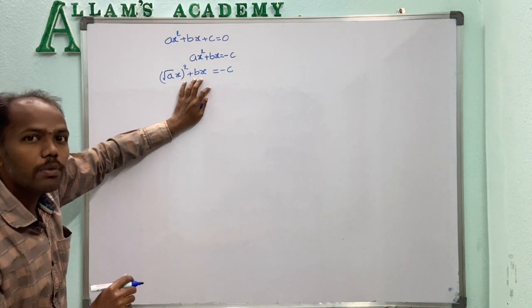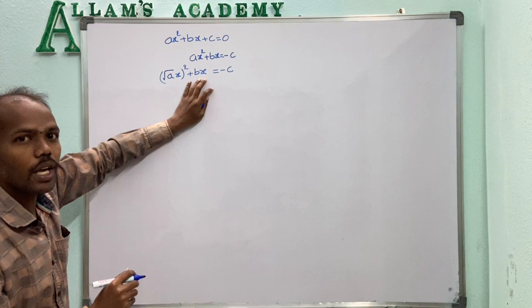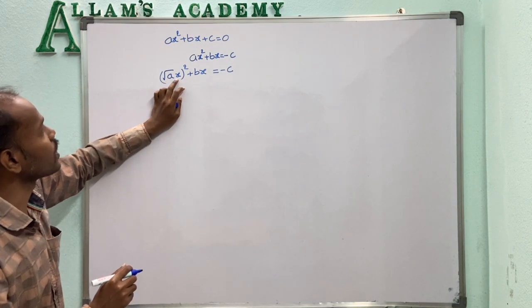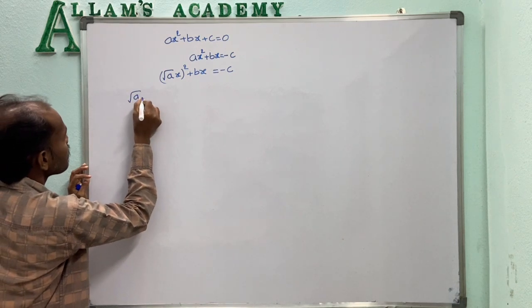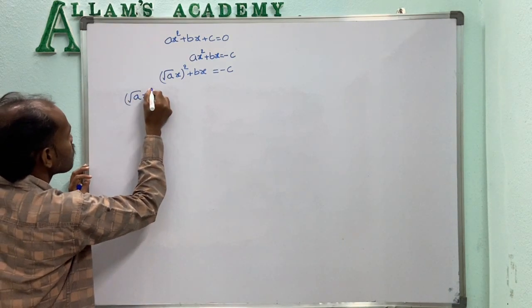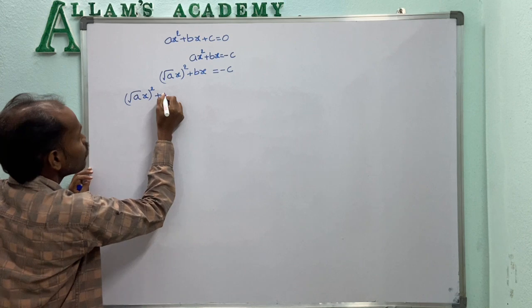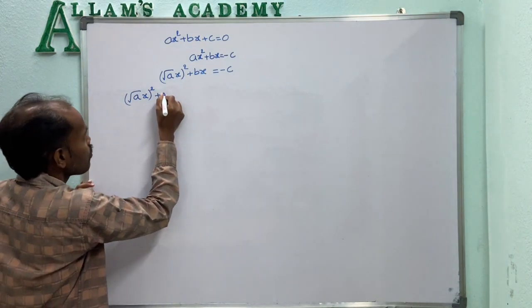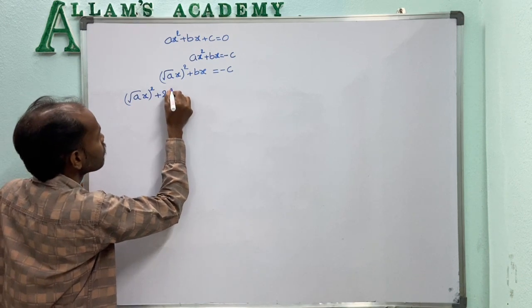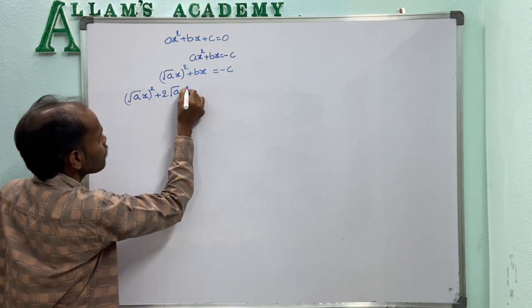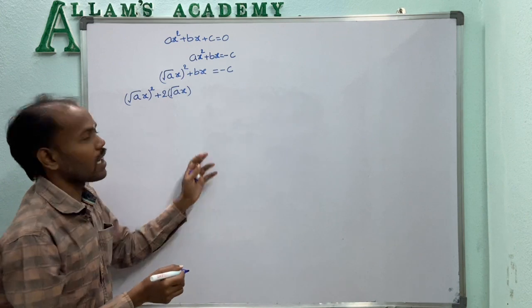Next, bx is there. Now this term we have to write as 2ab. Here a is root a x. So now we write this as root a x whole square plus the 2ab term. So 2 into root a x, and the b term we have to write.